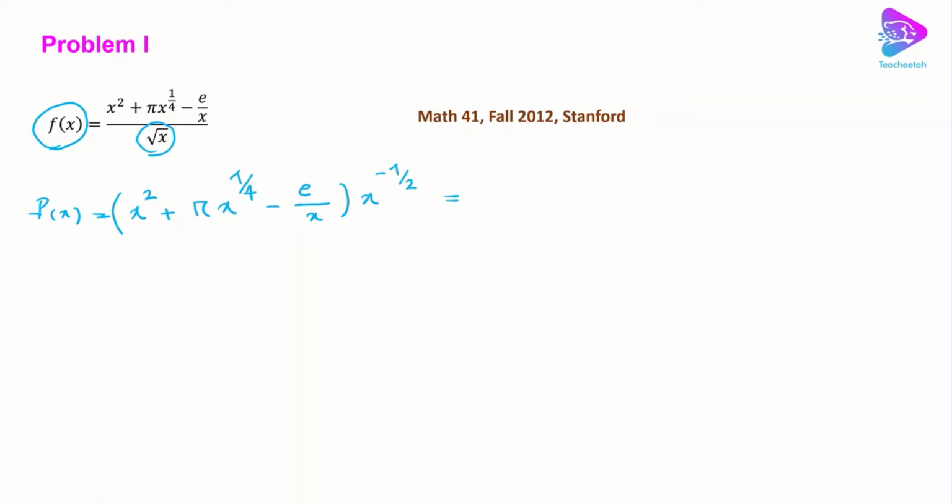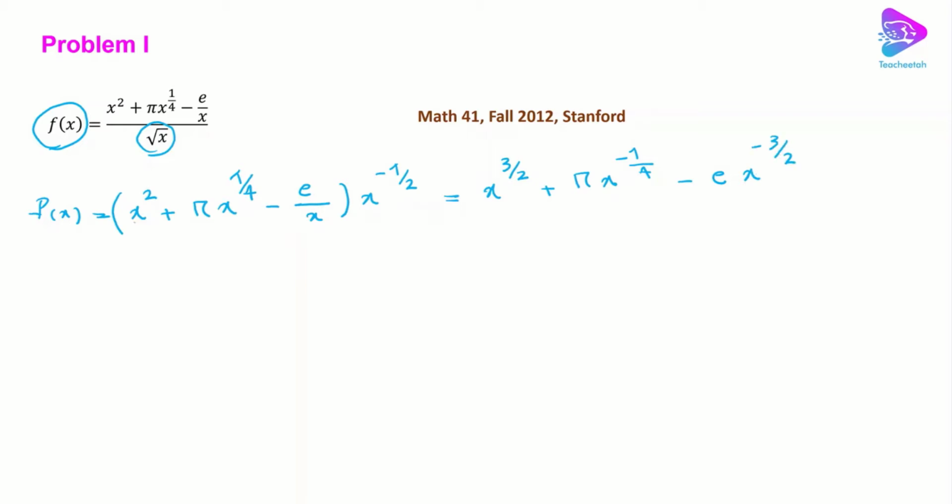So this is going to be x to the power of 3 over 2 plus pi x to the power of 1 over 4 minus 1 over 2, so it's going to be minus 1 over 4, and then minus e x to the power of minus 3 over 2.